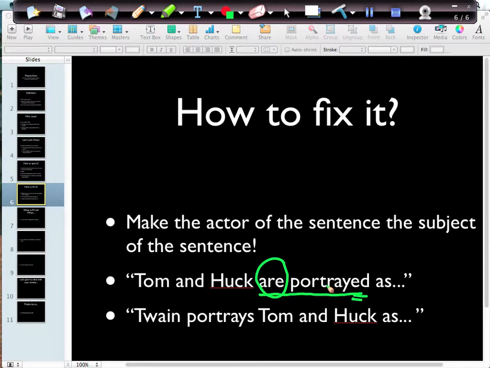To make it active, you need to make the subject who does the action. Twain portrays Tom and Huck as. So we changed that wimpy, weak verb to something that says something a little more strongly, and we've made our sentence stronger and our style stronger. Does that make sense? Questions so far?